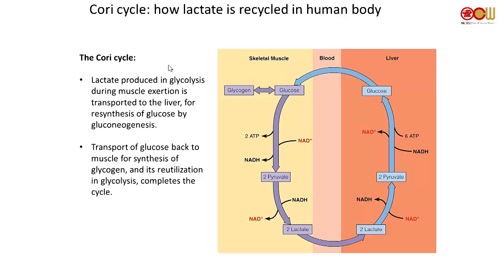So lactate is produced in glycolysis during muscle exertion. The lactate, after that, what do you do with it? It doesn't just sit there. The lactate is then transported into the liver. In the event of exercising, your glucose is going to become pyruvate, and pyruvate will become lactate.